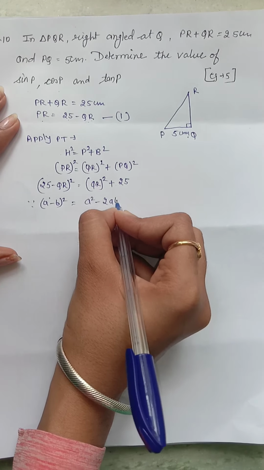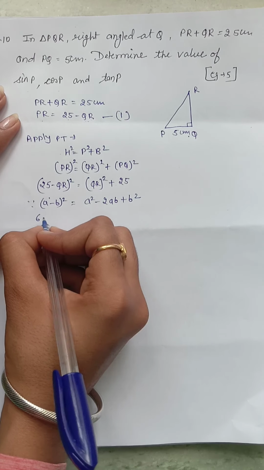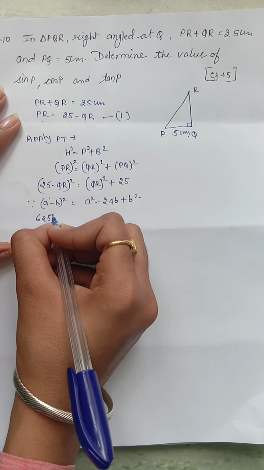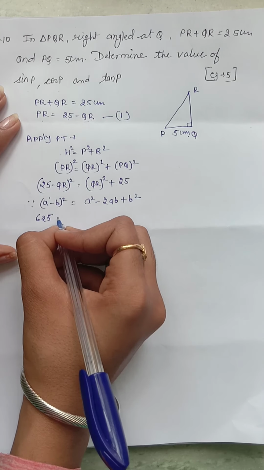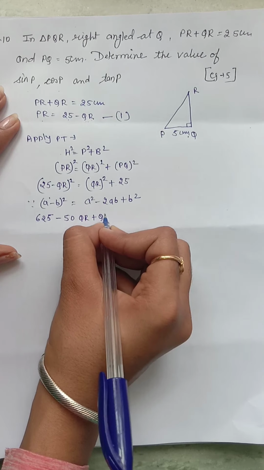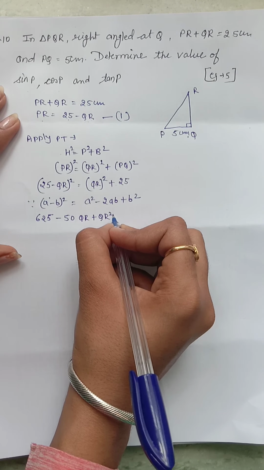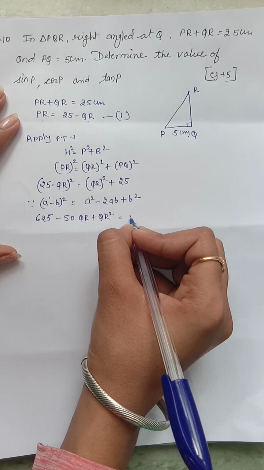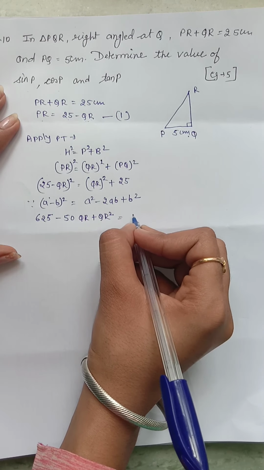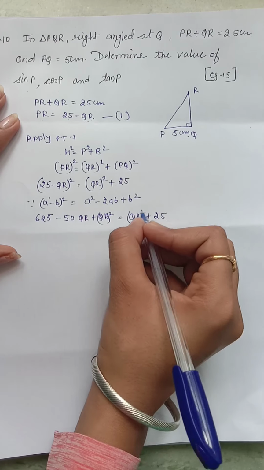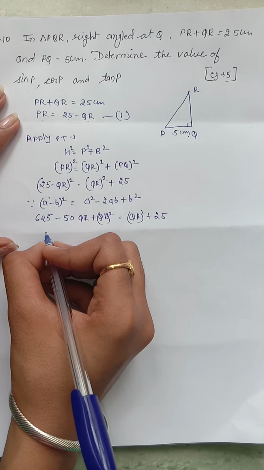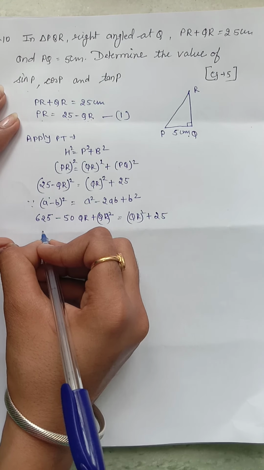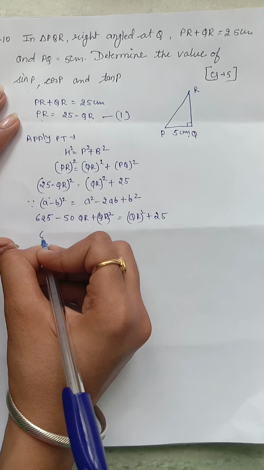Square of 25, 625, minus 50 QR, plus QR square, is equal to QR square plus 25. QR square cancels out, and 625 minus 50 QR is equal to 25.